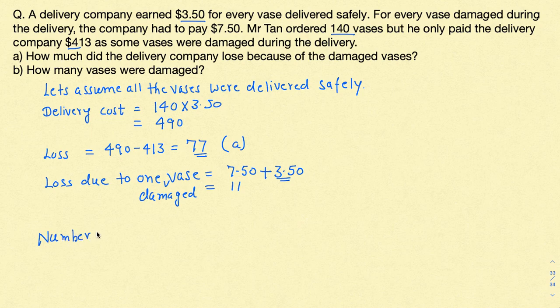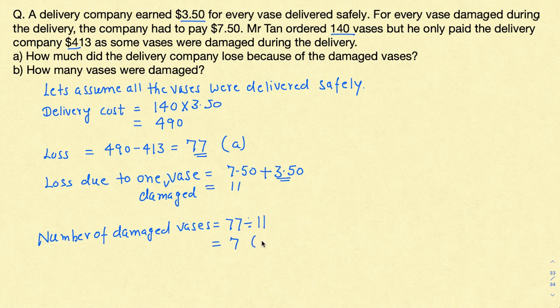So the number of damaged vases will be how much? It will be the total loss divided by the loss due to one vase. So 77 divided by 11 will give us 7. So basically 7 vases were damaged.